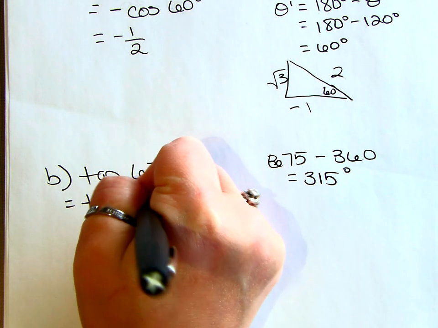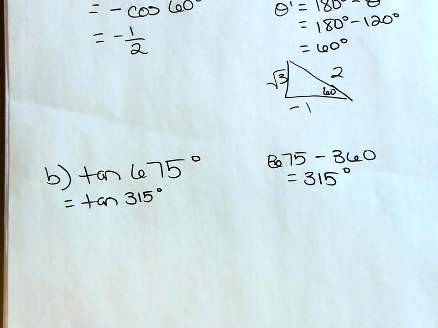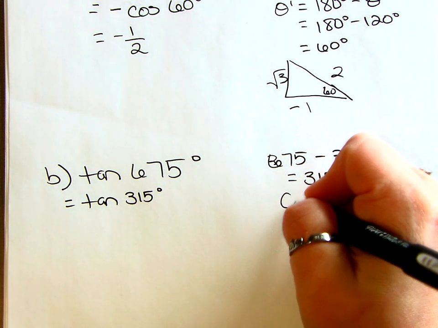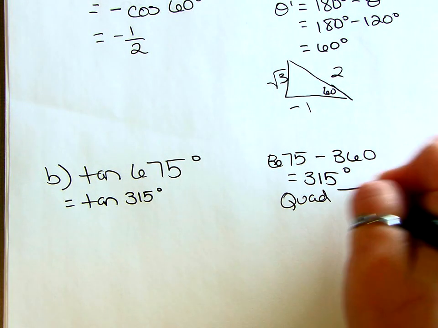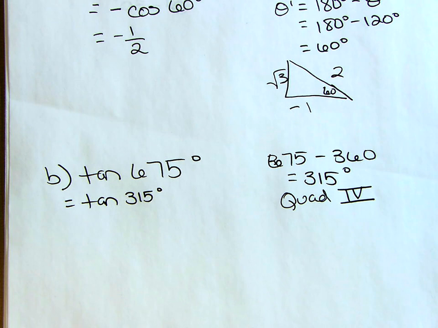If I'm in angle 315, I live in quad 4. And if I live in quad 4, is my tangent positive or negative? Tangent is negative.